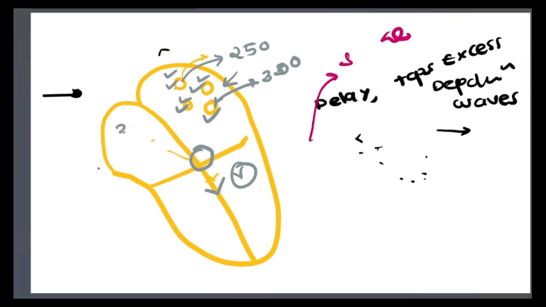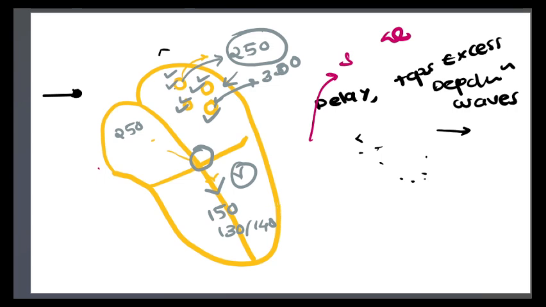If the atria are beating at the rate of 300, 150 might reach the ventricle, and suddenly if the one with 250 is taking control, the atria will beat at the rate of 250. So maybe 130 or 140 will be the ventricular rate, the pulse rate.